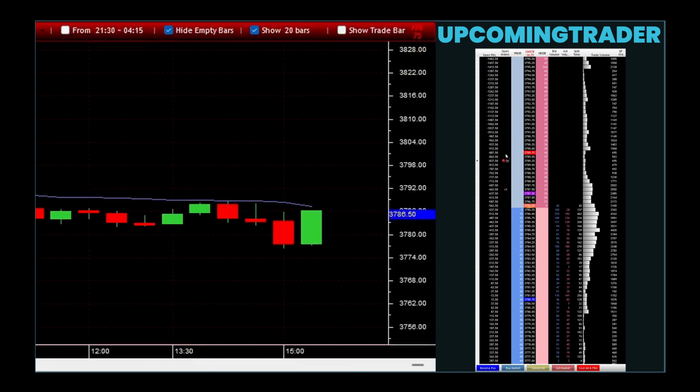For instance, a pattern known as the dragonfly doji, which appears in candlestick charts, signals a potential market reversal. It is identified by its long lower shadow and a lack of an upper shadow, resembling the tail of a dragonfly. This pattern suggests that the market opened and closed at the same price, indicating indecision among traders, but ultimately showing a rejection of lower prices.